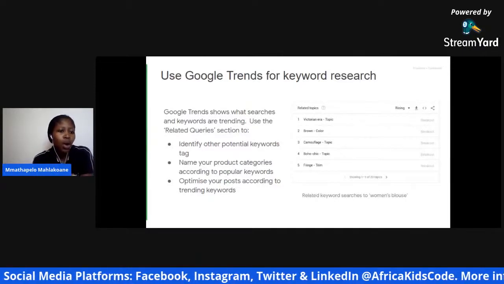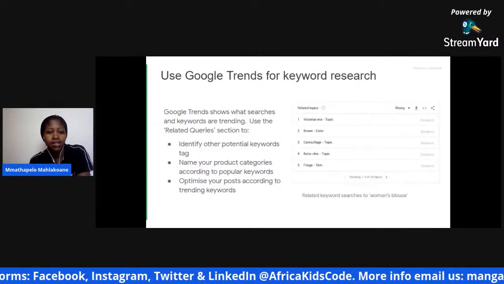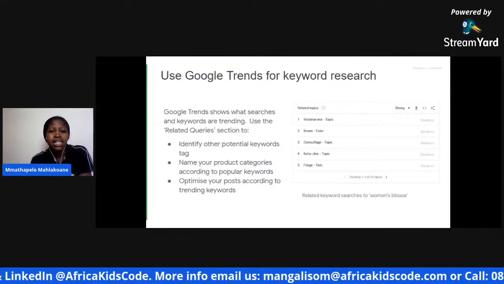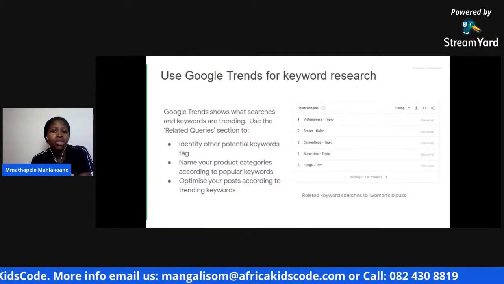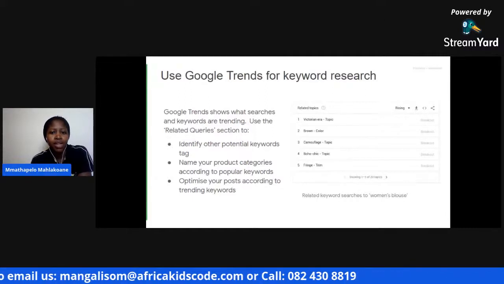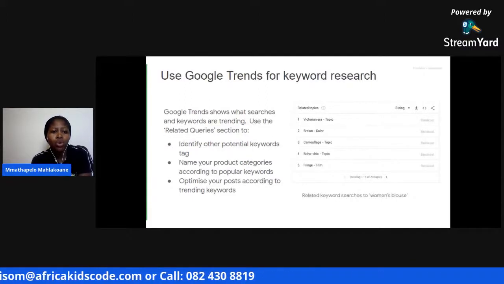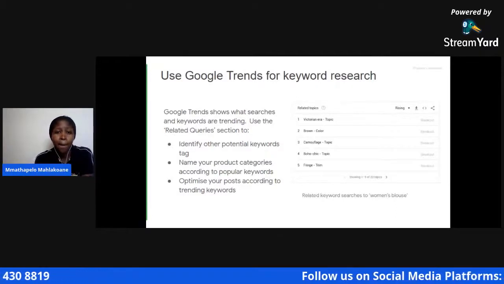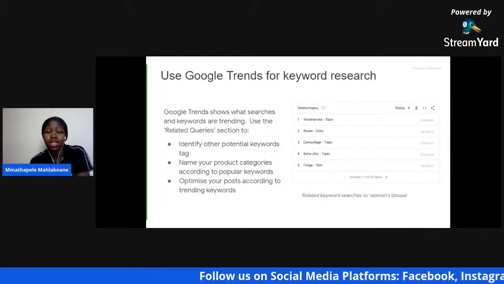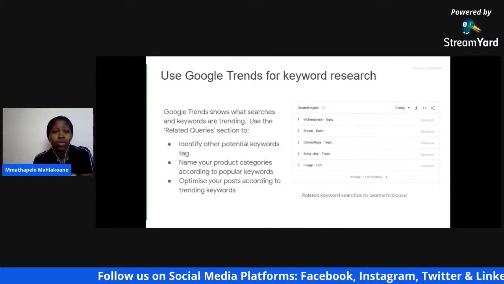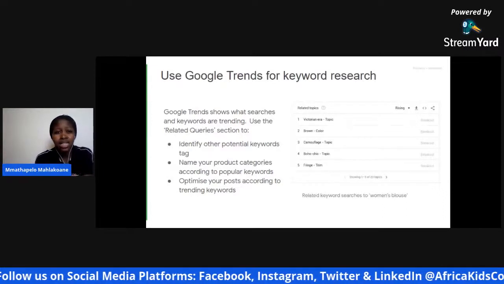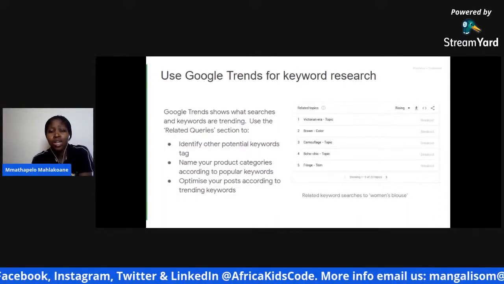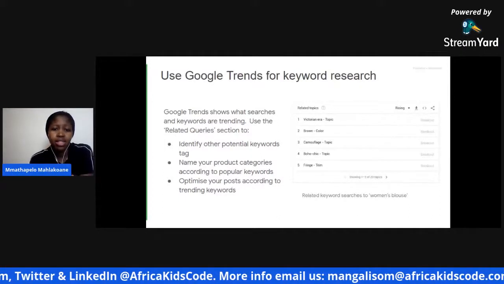Optimize your post according to trending keywords, as I've said. So let's say a customer looks for blouses. What are those relevant keyword searches to date? If they are blouses, meaning it's clothes, it might be shiny blouses, it might be blouses that have flowers, certain things.